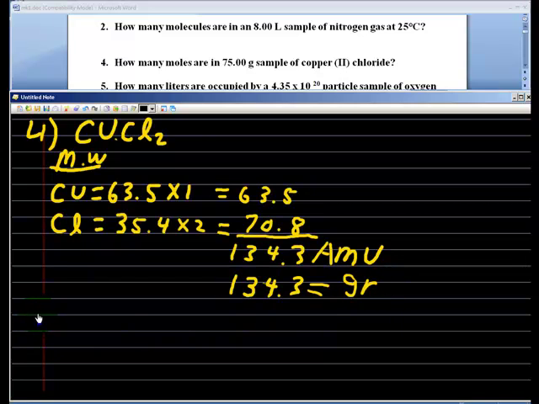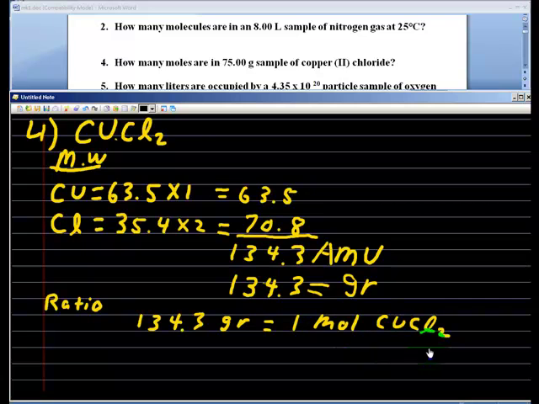So our unit ratio is going to be that 134.3 grams is equal to 1 mole of CuCl2. Phrased another way, 1 mole of CuCl2 weighs 134.3 grams.